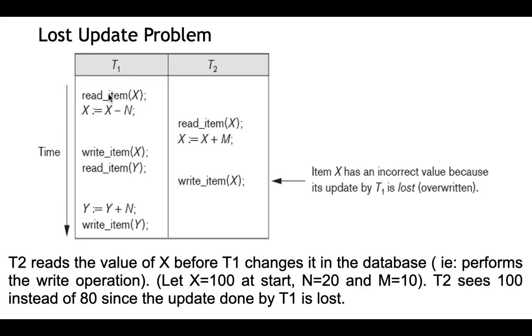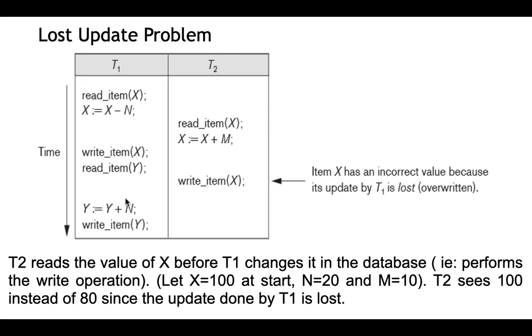So now we are discussing the first problem that can occur if T1 and T2 occur in an interleaved manner. In T1, imagine you are trying to transfer money to another account. So the amount first needs to be deducted from your account, so your account X is read.